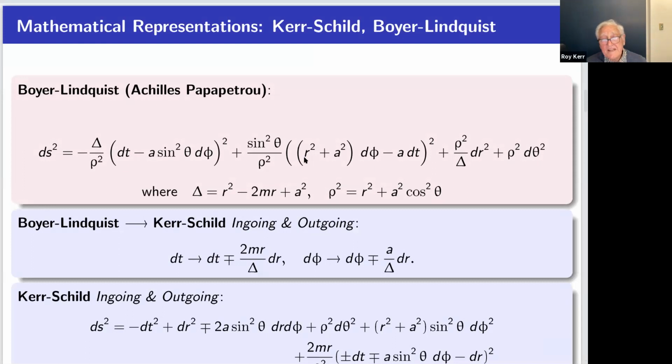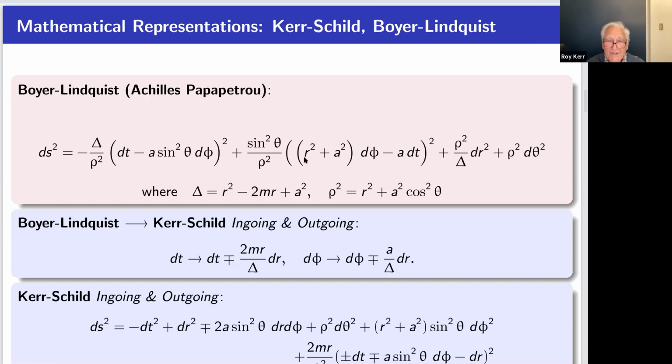Okay, there are 3 usual coordinate systems for the Kerr solution. The one that most people use is the Boyer-Lindquist form. Why I mention Achilles Papapetrou there is he is actually the person who showed that if you've got an axially symmetric, stationary, that's independent of time, solution of the Einstein equations, empty, then it can be put in this Boyer-Lindquist type form whenever there's no singularity along the axis at infinity.